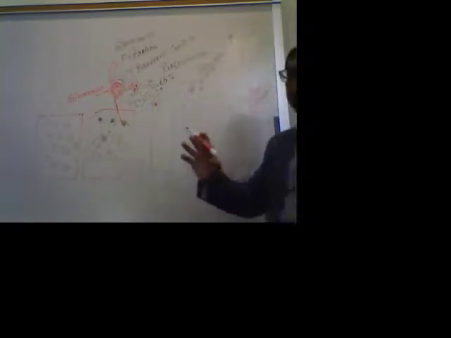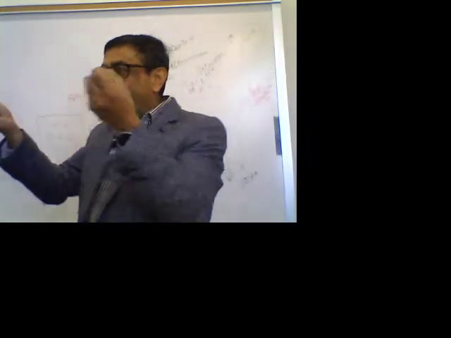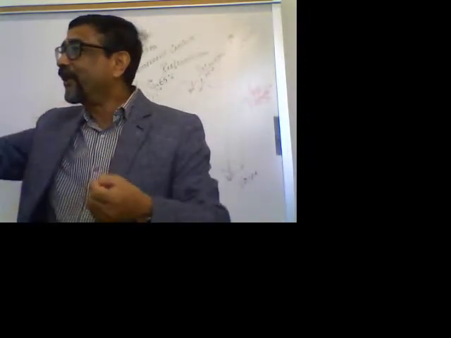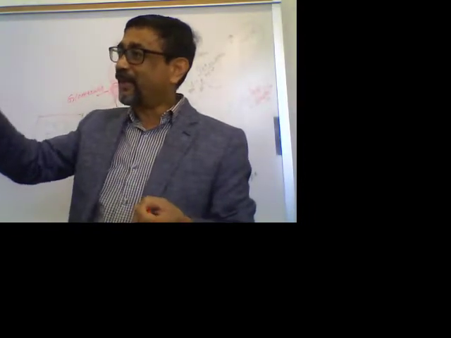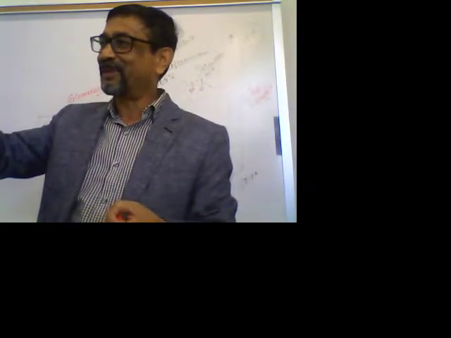Now if I take only glucose out from here, the concentration will go down. If I take only the water out but let the glucose stay there, the volume will be less, because I am taking the water out, but the concentration will be high. Is it clear? You have to understand this to understand kidney function, okay?